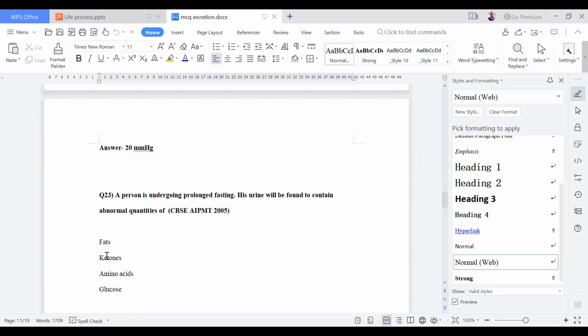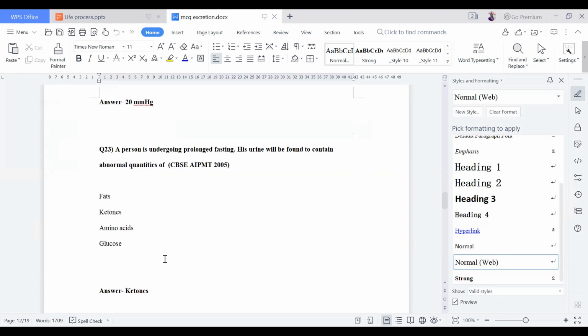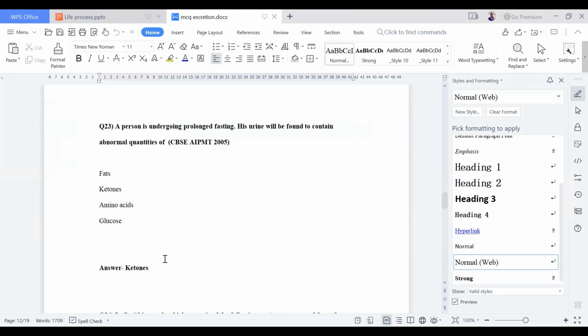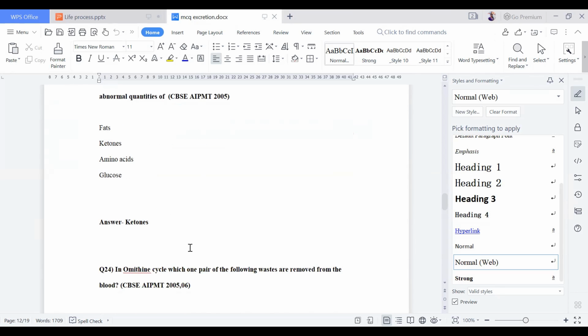Options are different here. Fats, ketones, amino acids, glucose. He went on prolonged fasting, that is, he only drank water. Ketones are a kind of protein. So can you guess the answer? Amino acids. Okay, amino acids. The answer is ketone, that is a kind of protein.